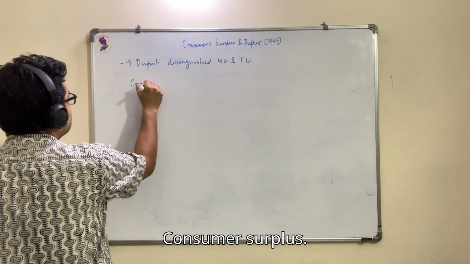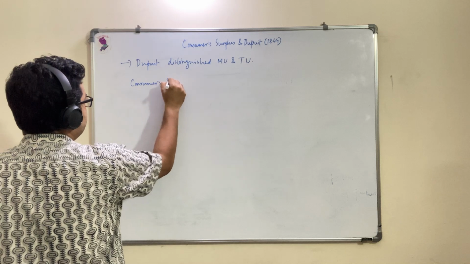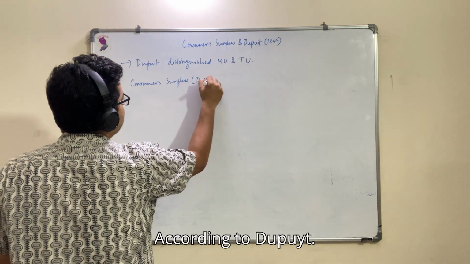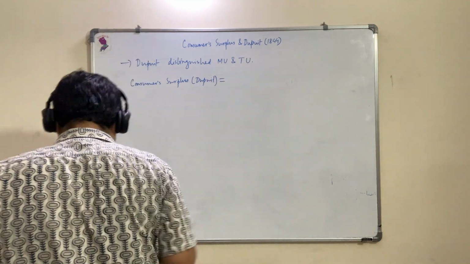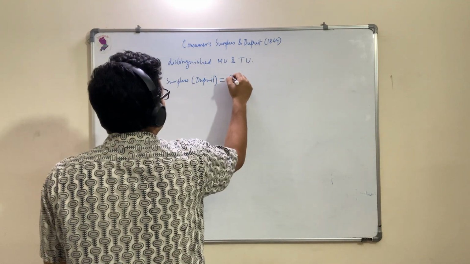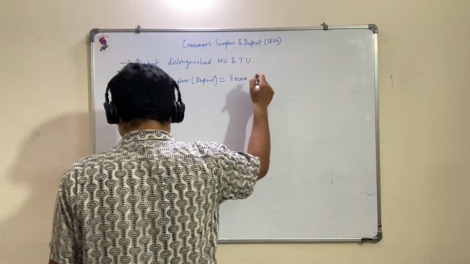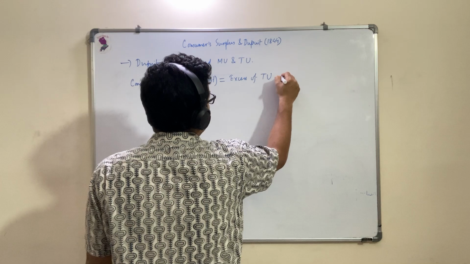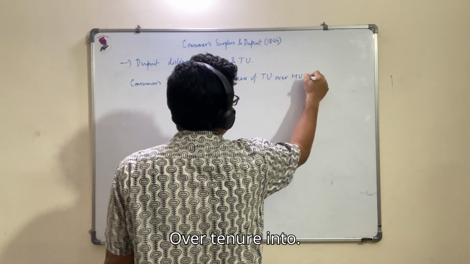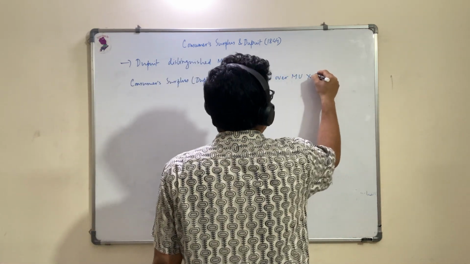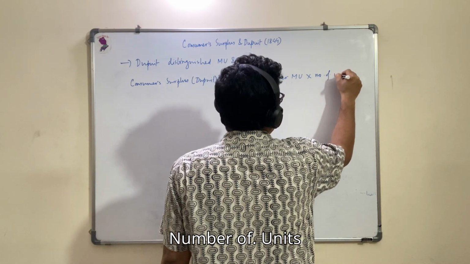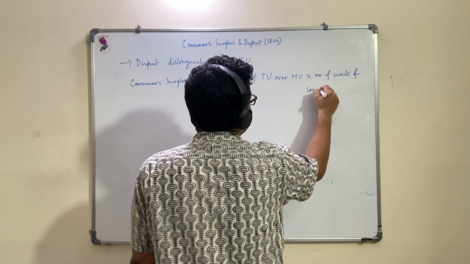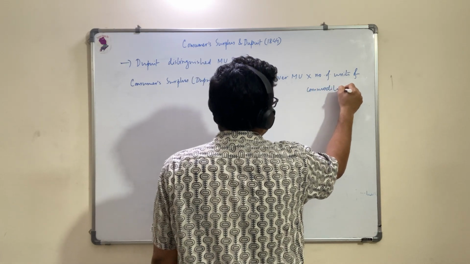So, consumer surplus according to Dupuit is equal to the excess of TU over MU into the number of units of commodities. Okay.